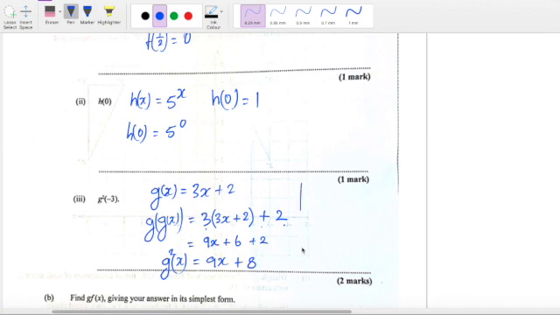And now we want g2 of minus 3. I almost missed that. So we have to take 9 times minus 3 plus 8. So minus 27 plus 8. Minus 27 plus 8 is minus 19.